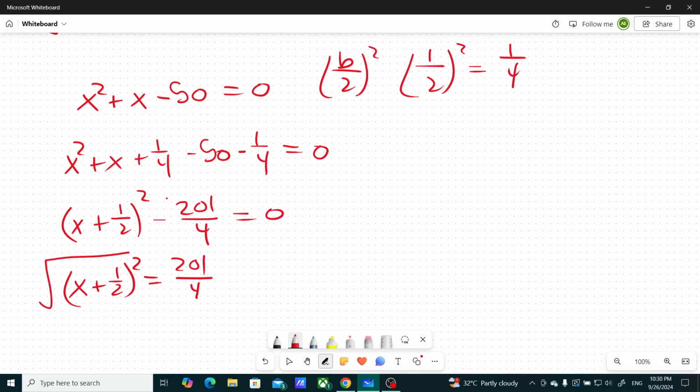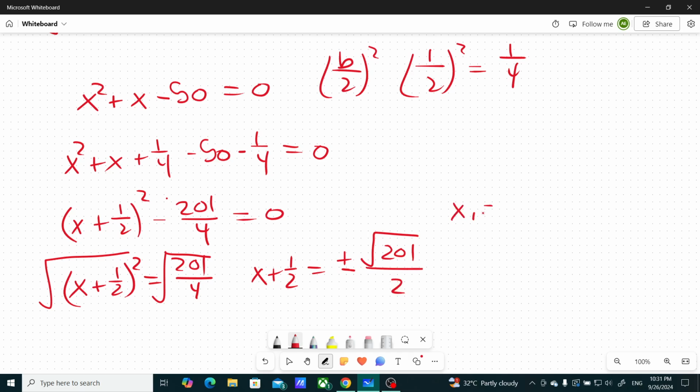I will square root both sides. This is going to give me x plus half equals plus or minus root 201 over 2.